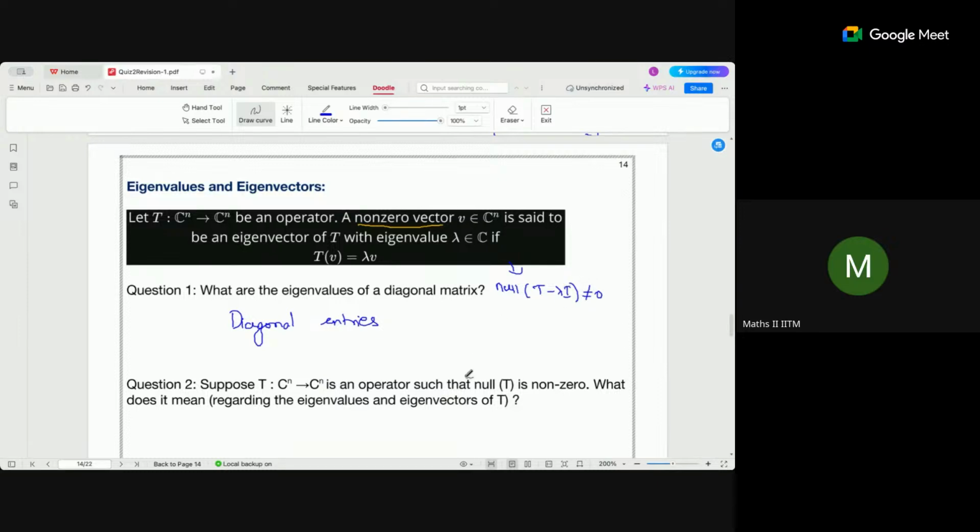Okay, now the question is, suppose your null of T is non-zero. What does that mean? Compare it with this. Rank is 0. Can you tell it in terms of eigenvalues and eigenvectors? Your null of T is non-zero.